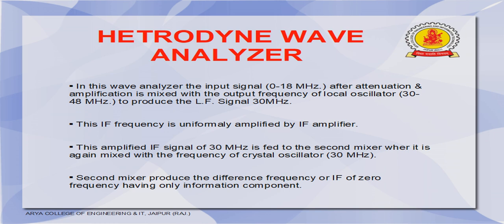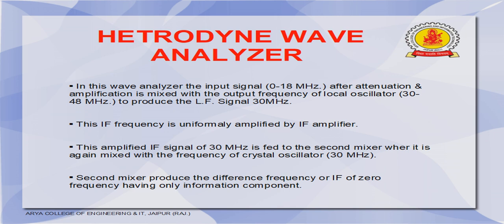Then the untuned amplifier amplifies the RF signal whenever necessary and it is applied to the first mixer. The frequency ranges of the RF signal and the output of the local oscillator are 0 to 18 MHz and 30 to 48 MHz respectively. So the first mixer produces an output which has a frequency of 30 MHz, which is the difference of the frequencies of the two signals applied to it.